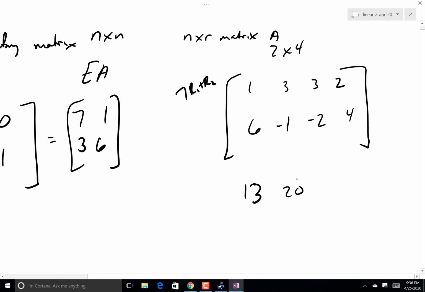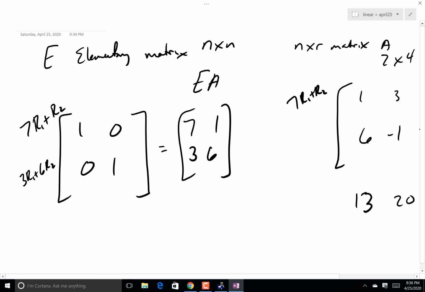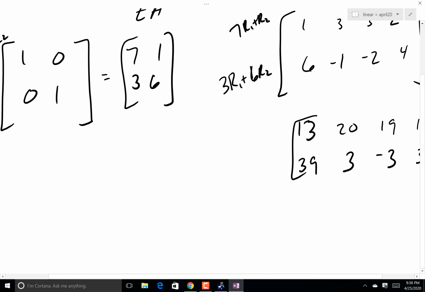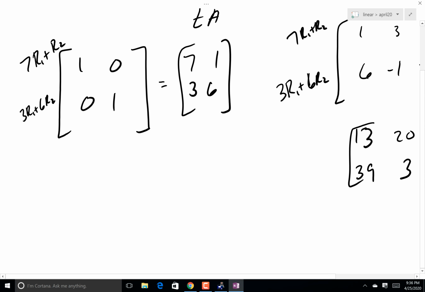That's 20. That's 21. That's 19. That's 14. And 4 is 18. Bottom row, I had 3R1 plus 6R2. So that's 3 and 36 is 39. That's 9 minus 6 is 3. That's 9 minus 12 is negative 3. That is 6 plus 24 is 30. Cool.